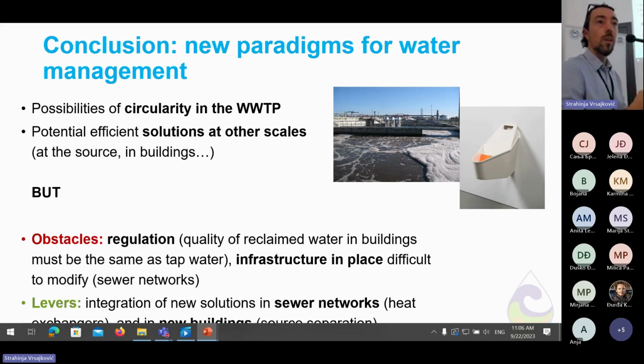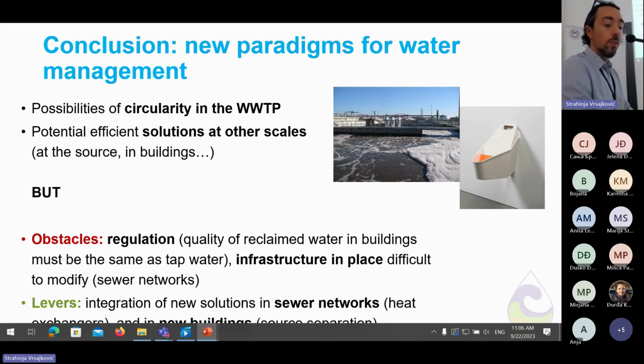Wastewater treatment plants are already in place, and there are also sewer networks already present. And it's difficult to modify the infrastructure to adapt it and get new circularity. For example, it's difficult to have two sewer networks, with urine on one side and the other waste on the other side.